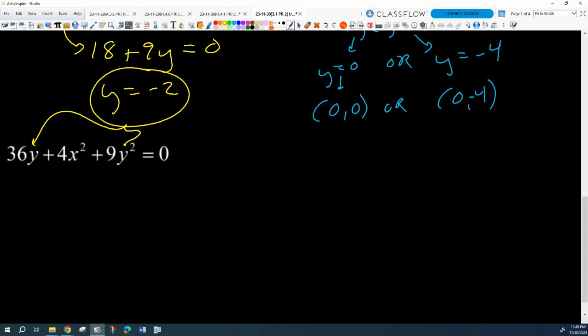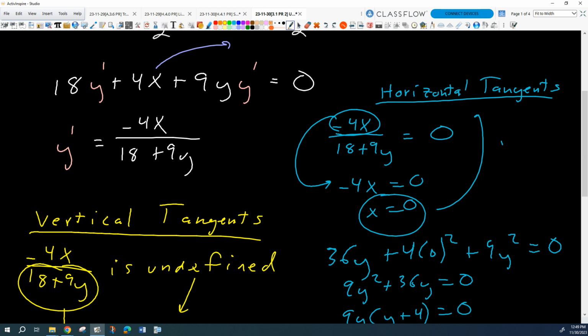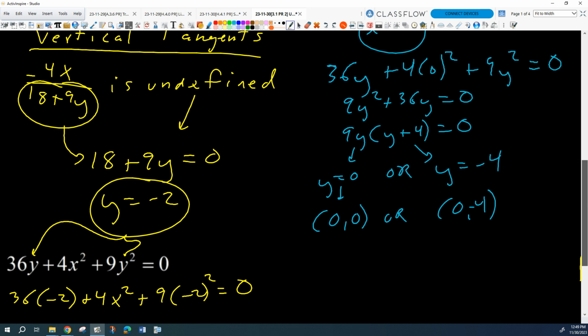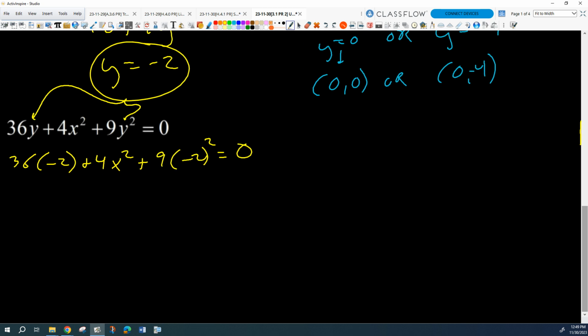And we get 36 times negative 2 plus 4x squared plus 9 times negative 2 squared equals 0. Or in other words, negative 72 plus 4x squared plus 36 equals 0.